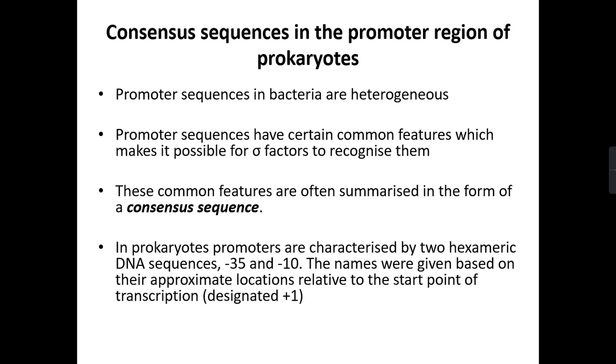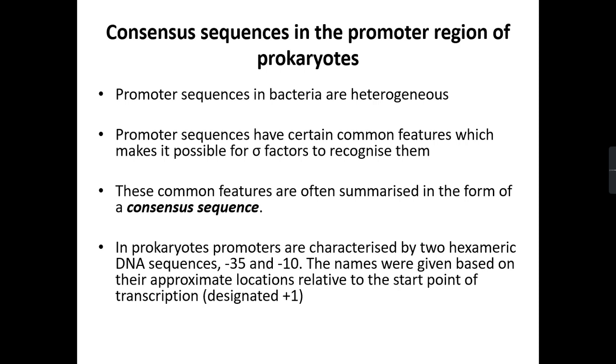In prokaryotes, the promoters are characterized by two hexameric DNA sequences, the -35 region and the -10 region. The names were given based on their locations relative to the start site of transcription, which is designated as +1.